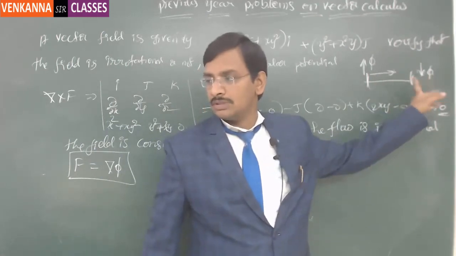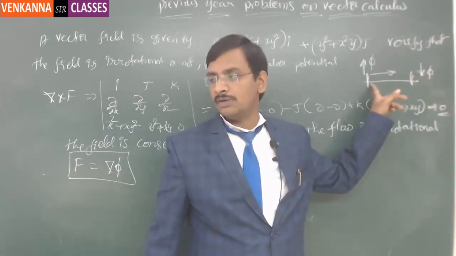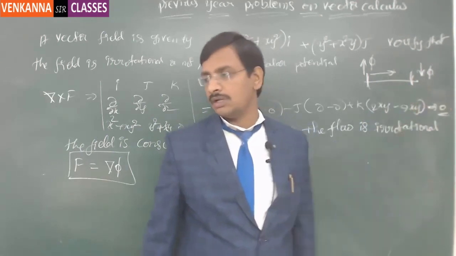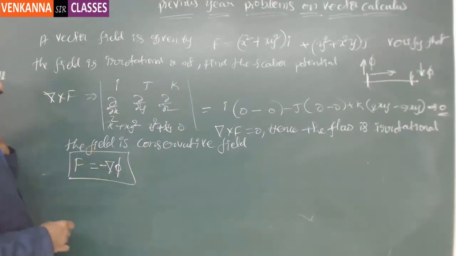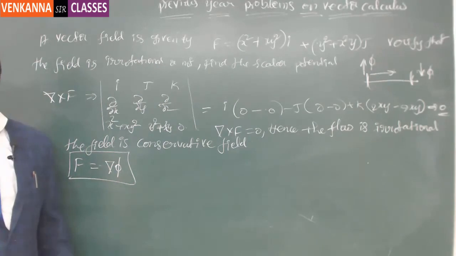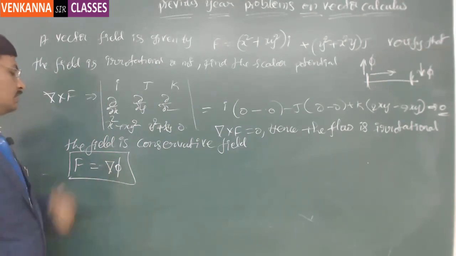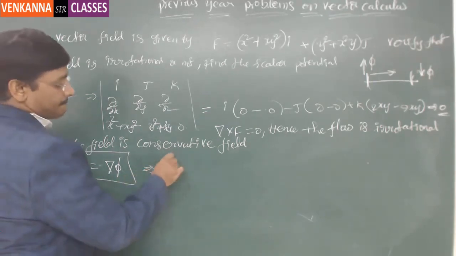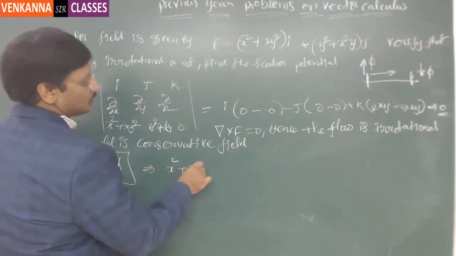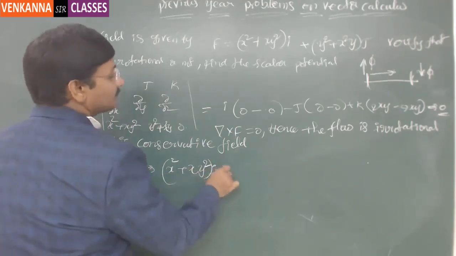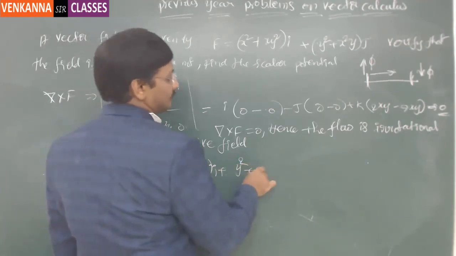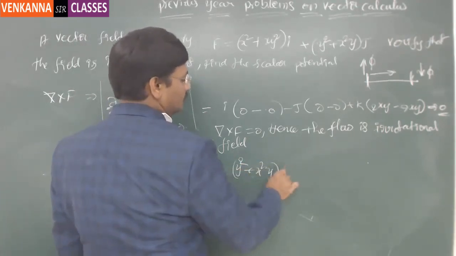If you take this minus this, then it is going to be a negative value, but the flow is towards the negative direction. That's the reason we usually treat this as minus, but for mathematical purposes you don't need to consider this. Got it? So here del phi. Now del phi is nothing but the vector F, x square plus xy square into i plus y square plus x square y into j.